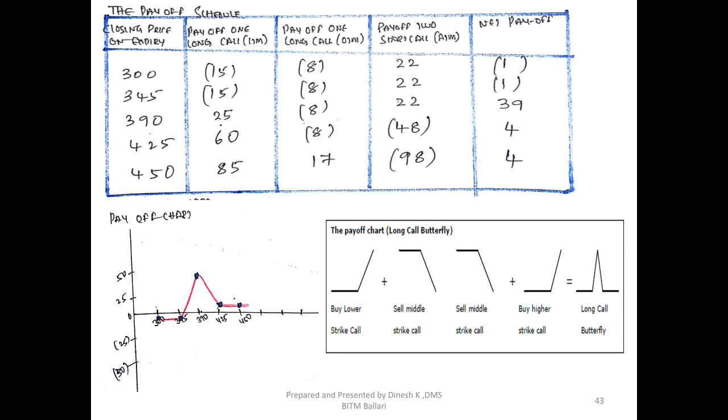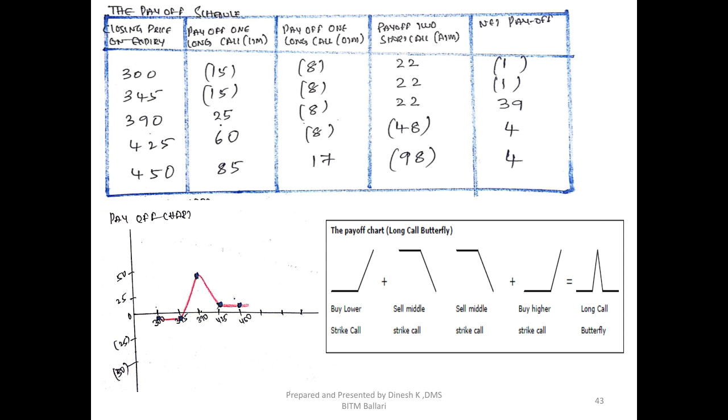If it is 345, again I will not execute, limiting my losses to 15. If it is 390, I have a right to buy for 350, so I'll execute my right. I'll go to the call seller and say that I want to buy for 350. The current market price is 390, so I'll make a gain of 40. Since I already paid 15 as a premium, the gain would be 25.